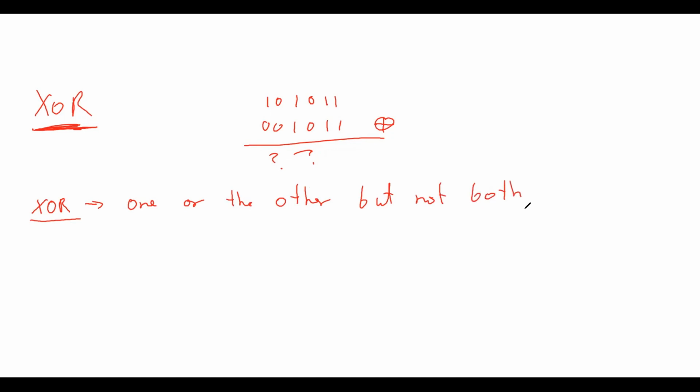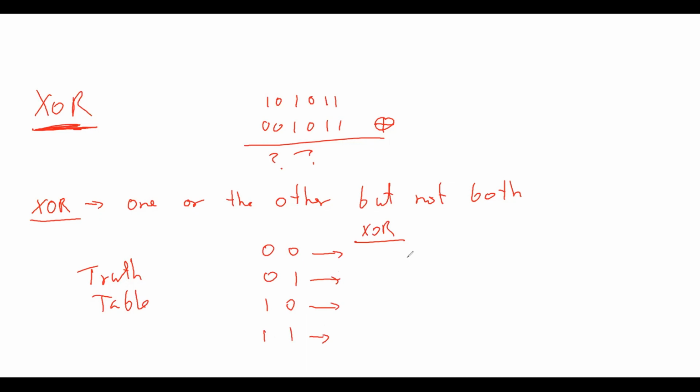Another way that you can remember this is just by looking at the truth table. Let's say I have 0 0, 0 1, 1 0, and 1 1. I'm going to perform an XOR operation here, and my result should be, one or the other, but not both.